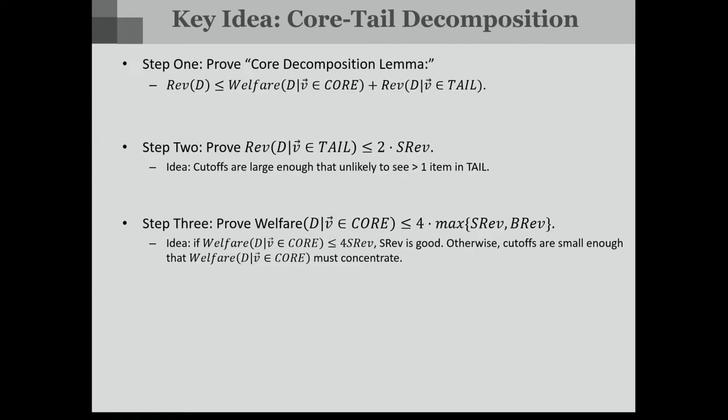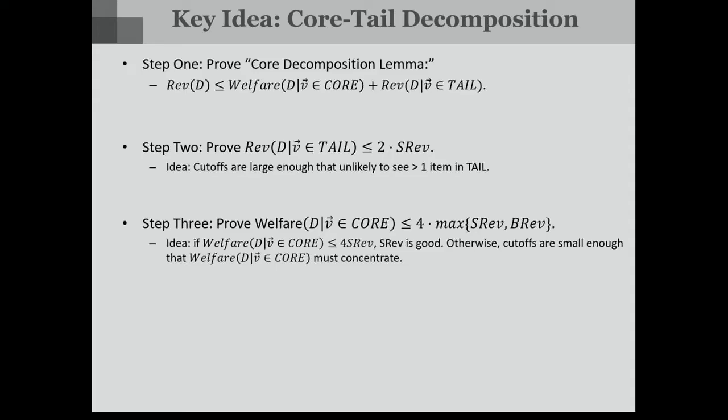And the last step is we have to show that Srev or Brev can obtain a constant factor of the welfare from the core. Okay, so here the idea is that maybe the welfare of the core is less than 4 Srev. If that happens, then great, we're in good shape, and Srev gets you a constant factor approximation. If that doesn't happen, so what's going on? We said that our cutoffs were exactly Srev.